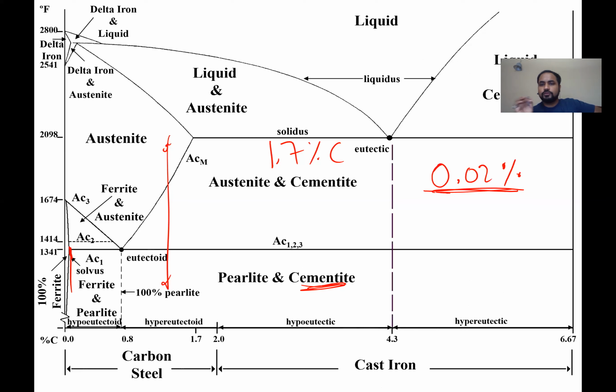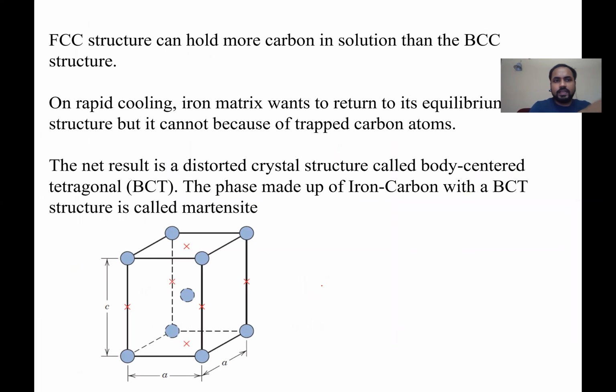Now, if you don't give this time for carbon to diffuse out, what's going to happen? You have an FCC structure, which is the austenite. You want to form the BCC structure, which is the ferrite. You did not give carbon enough time to diffuse out. So carbon will just get stuck in a middle structure. Now the structure you have with iron and carbon is not FCC, is not BCC.